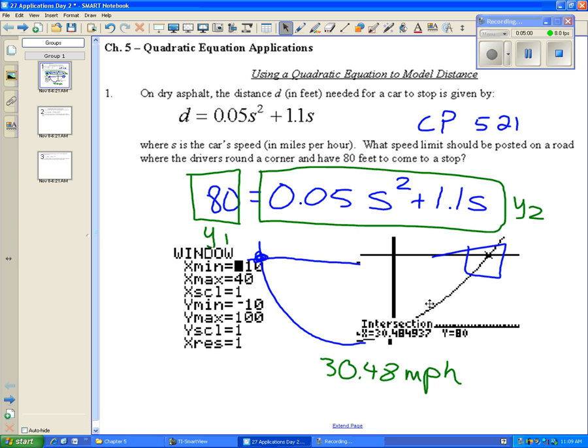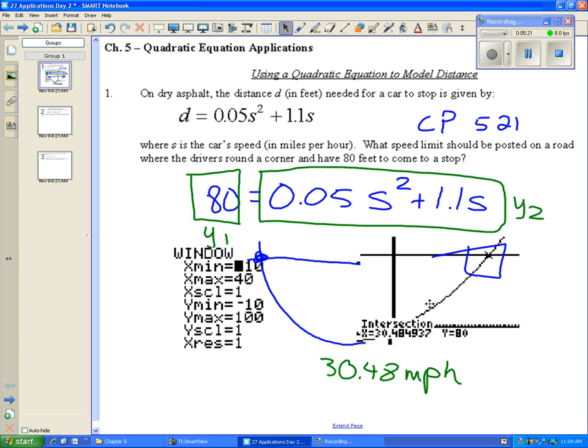I'm plugging into S, and I only want positive miles per hour. I can't have negative miles per hour. So S needs to be a positive number. So 30.48 miles per hour is the speed I would need to be going to be able to stop in 80 feet. That's my first example.